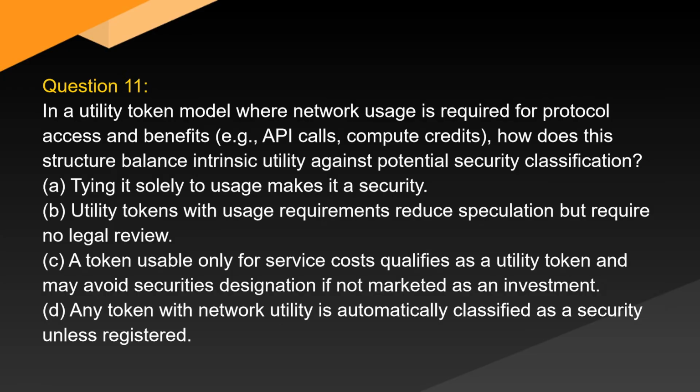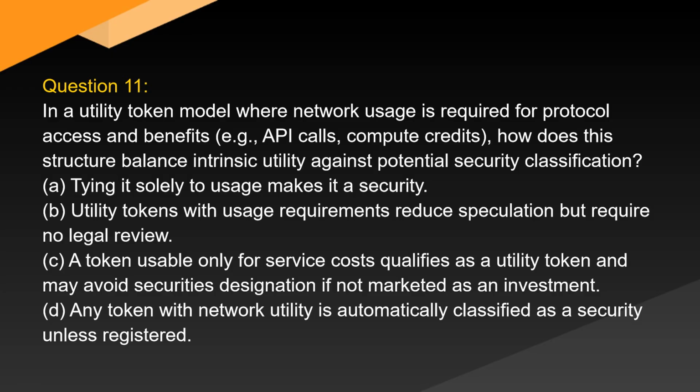Question 11. In a utility token model where network usage is required for protocol access and benefits, e.g., API calls, compute credits, how does this structure balance intrinsic utility against potential security classification? A. Tying it solely to usage makes it a security. B. Utility tokens with usage requirements reduce speculation, but require no legal review.